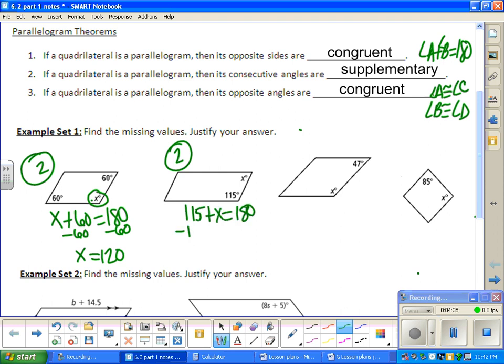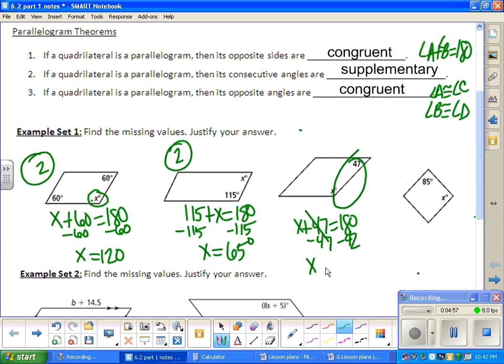Subtract 115, and x equals 65 degrees. Same thing here, these are consecutive, so x plus 47 equals 180. Subtract 47, and x equals 133 degrees.